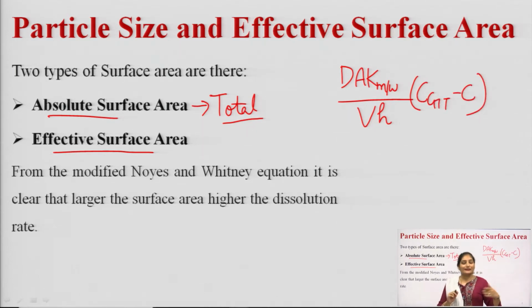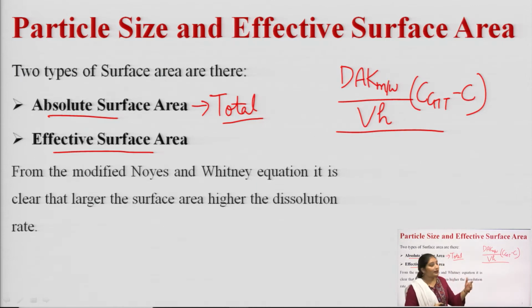It is clear from the modified Noyes and Whitney equation that the greater the surface area, the higher the dissolution rate. Means the larger the surface area, the higher the dissolution rate.